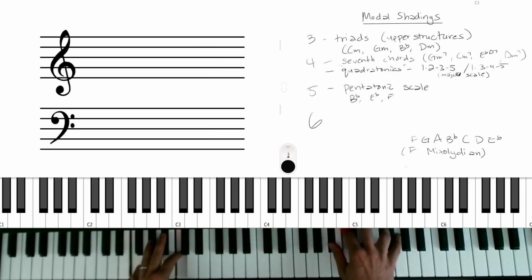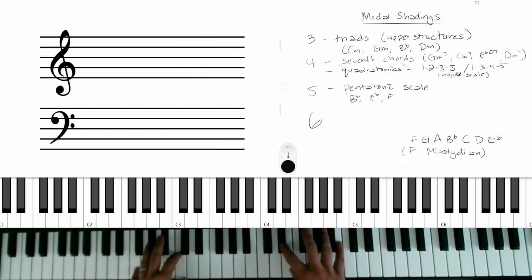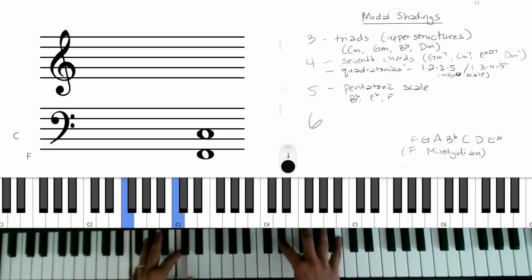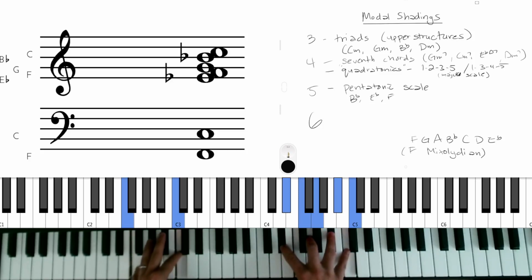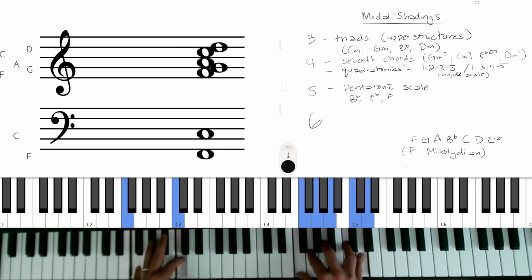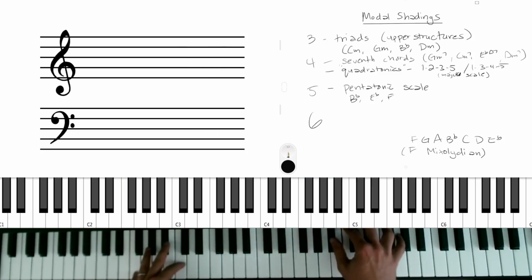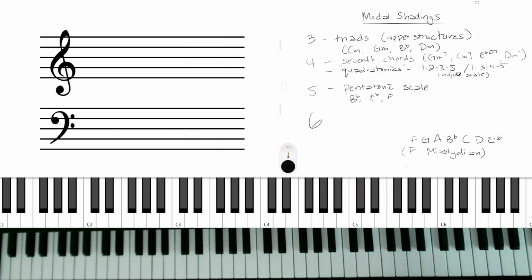So B flat pentatonic. I'll link you to some other videos that I've done that talk more in detail about pentatonic scales, if this is new to you. There's E flat pentatonic, same as C minor. F pentatonic, same as D minor. And I didn't say that B flat pentatonic's the same as G minor. So you could say that there's 3 major and 3 minor, but they're the same sets of notes.